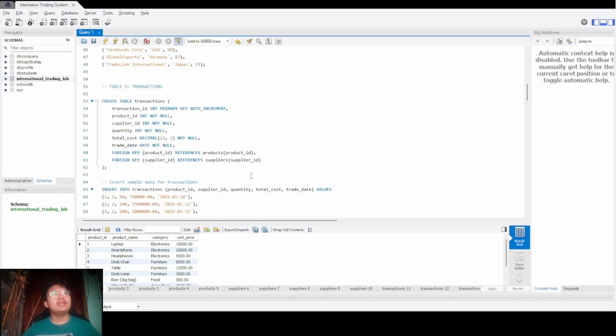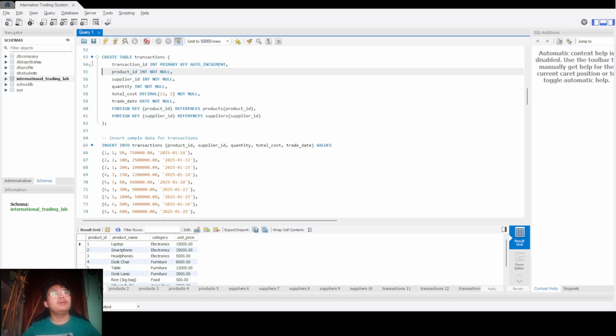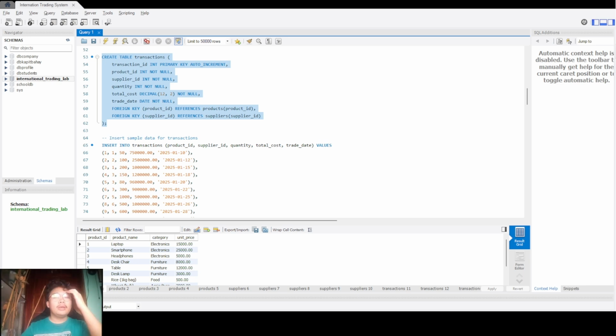So next is table 3, transactions. The transactions table records all the trades or deals that happen. It has 6 columns. The first one is the transaction ID, a unique number for each transaction.